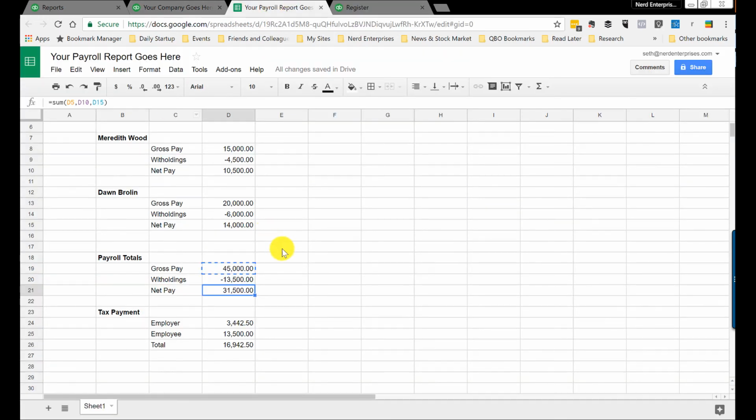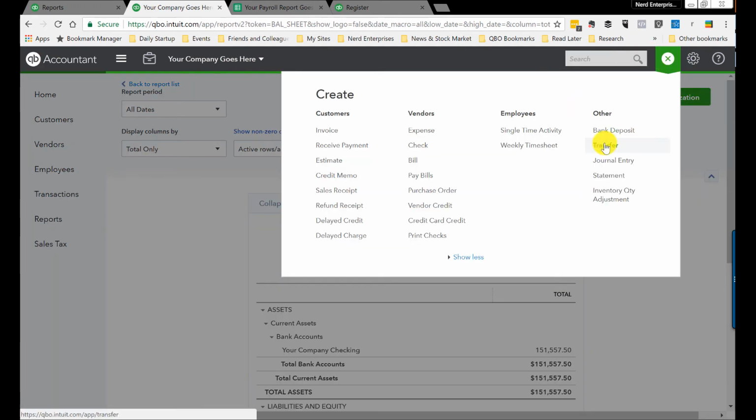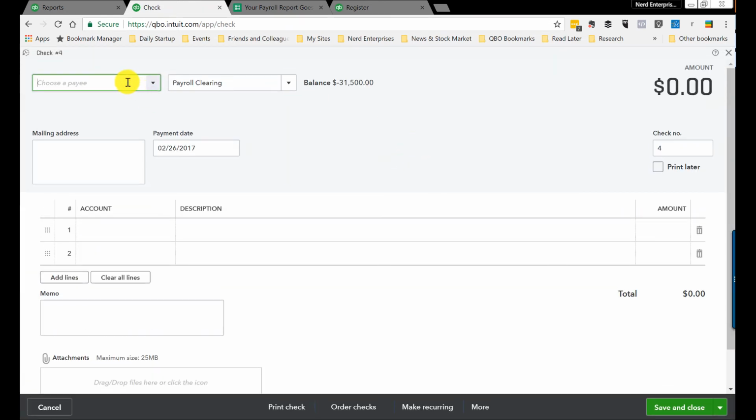So now we get the payment that actually comes out of the bank account for the total net pay. And as I said, we record it as a transfer from the bank account to the payroll clearing bank account, right? So you can actually do it as a transfer here, or you can record an expense or a check out of the checking account. Either way works. You may want to, for bank feed matching purposes, record it as a check and not a transfer. It may not matter.